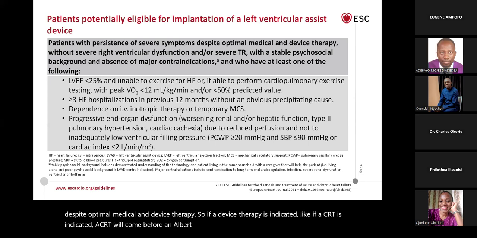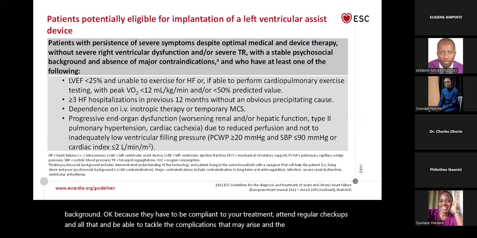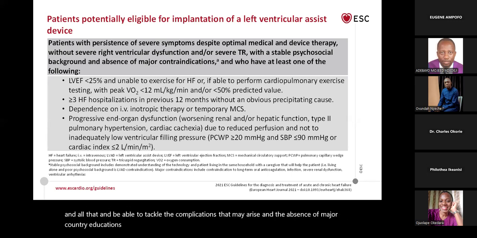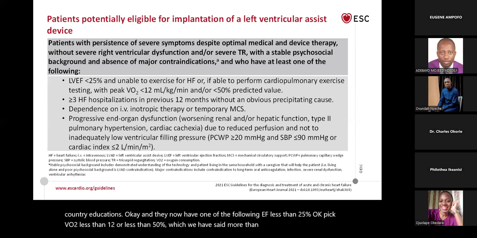Without severe right ventricular dysfunction and/or severe TR, with a stable psychosocial background, because they have to be compliant with your treatment, attend regular checkups and all that, and be able to tackle the complications that may arise, and the absence of major contraindications. And they now have one of the following: EF less than 25%, peak VO2 less than 12, or more than 3 heart failure hospitalizations in 12 months.